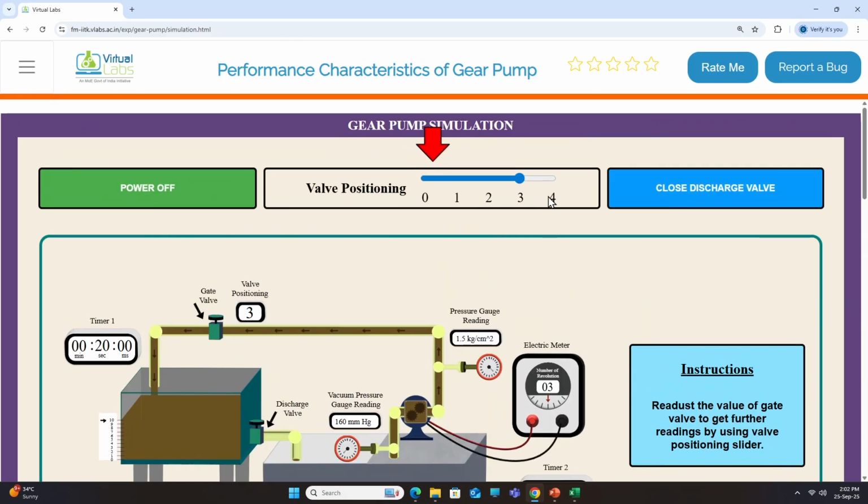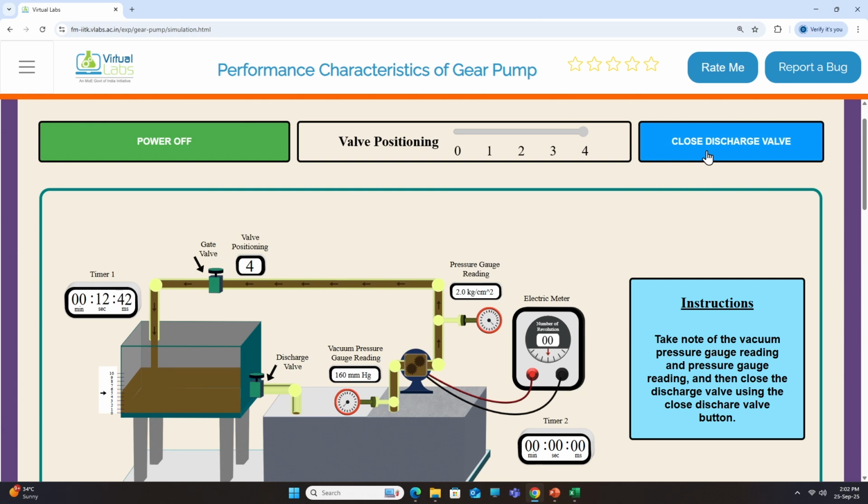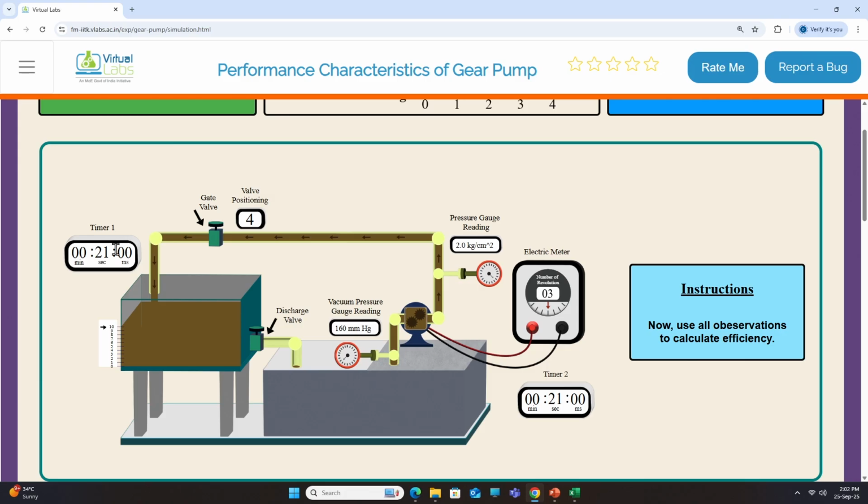Now at the fourth position, again running the electric meter for 3 revolutions. So 21 seconds for filling the tank, 21 seconds for 3 revolutions and at 2 kg per centimeter square of the gauge pressure.